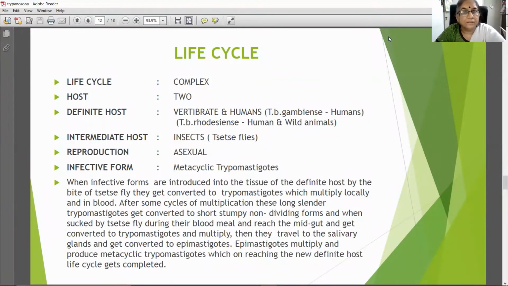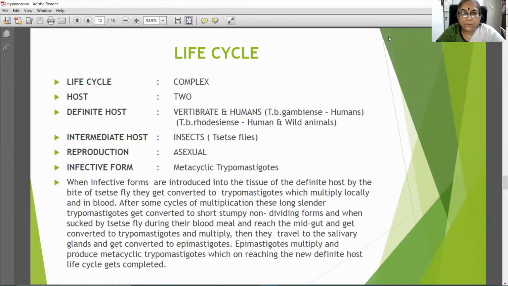Life cycle is complex. It requires two hosts. The definitive host is a vertebrate, humans. For Trypanosoma gambiense, the definitive host is humans, and Trypanosoma rhodesiense has two definitive hosts, that is humans and wild animals.